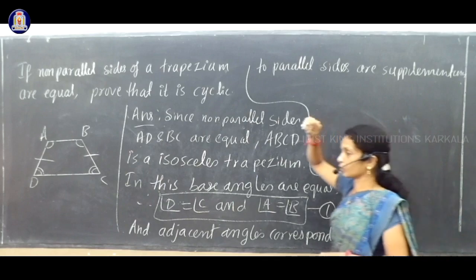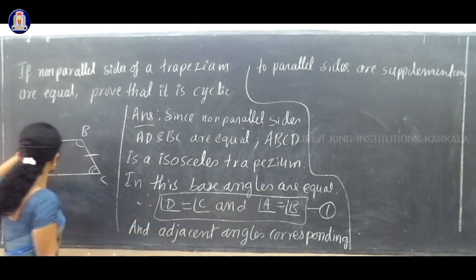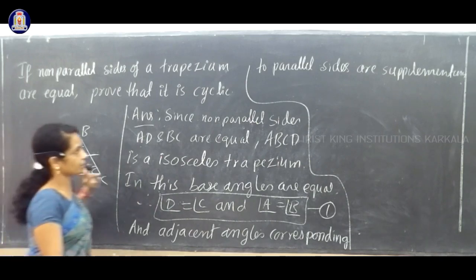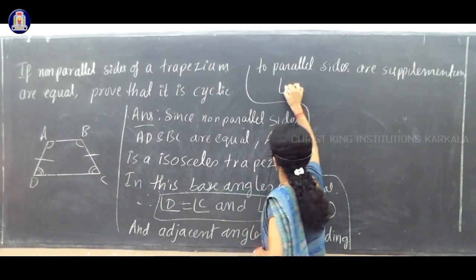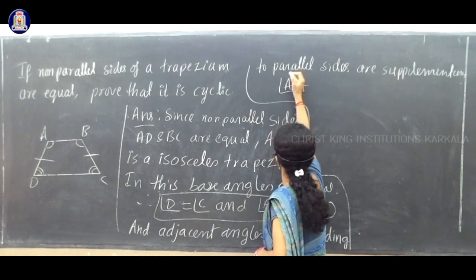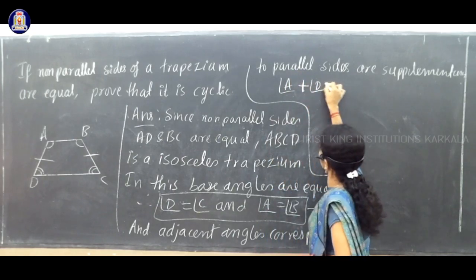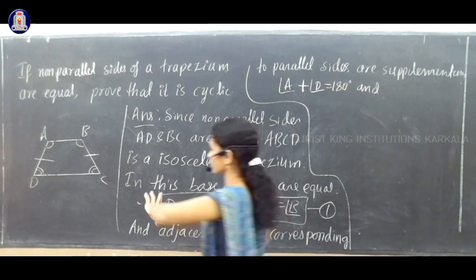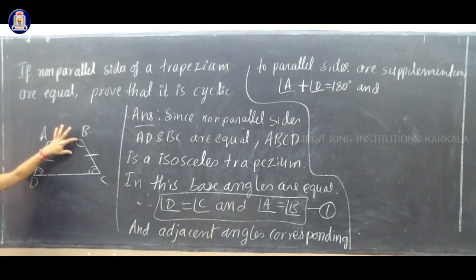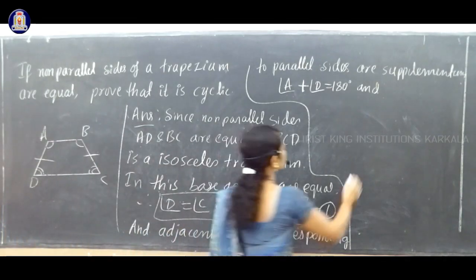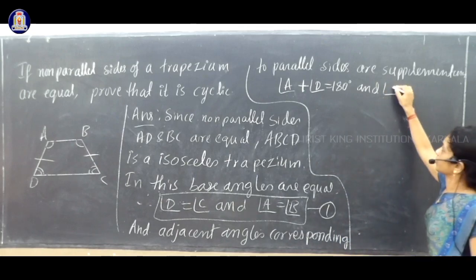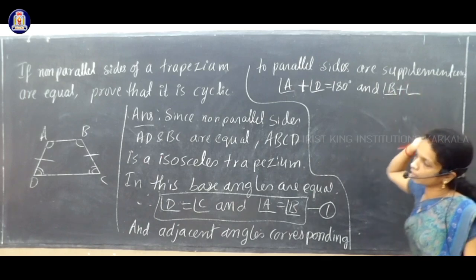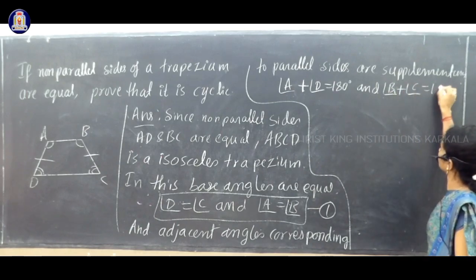Supplementary means their sum is 180 degrees. Here the adjacent angles corresponding to parallel sides are angle A and angle D. They are supplementary, so we can write angle A plus angle D is equal to 180 degrees. One more pair we have, angle B and angle C, is also supplementary, that means their sum is also 180 degrees. Angle B plus angle C is equal to 180 degrees.